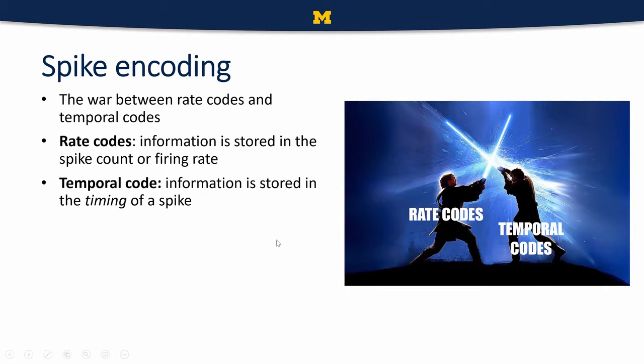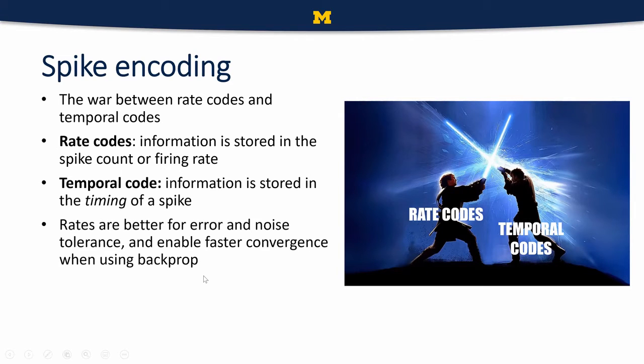And of course, a temporal code takes that information and captures it within the timing of the spike, right? Now, of course, if all these spikes are identical, it's the timing that should matter. So in general, rates are better for error and for noise tolerance because you're distributing or ameliorating your information over time, over multiple spikes. So if one of those spikes fails, then that's okay because you've got many more spikes where that came from.